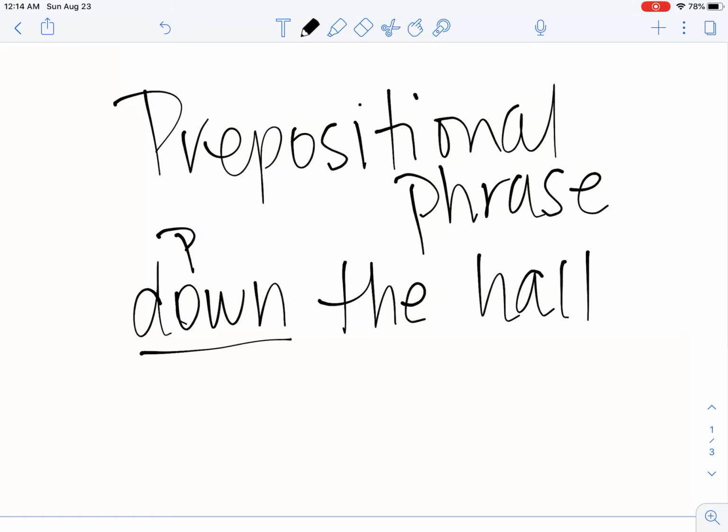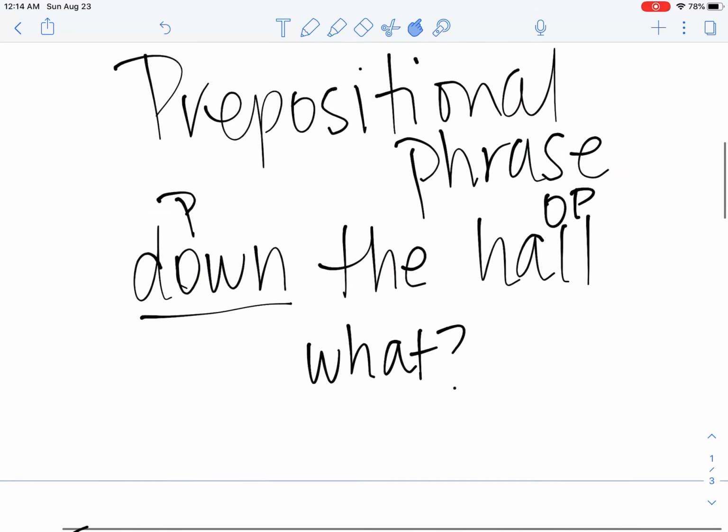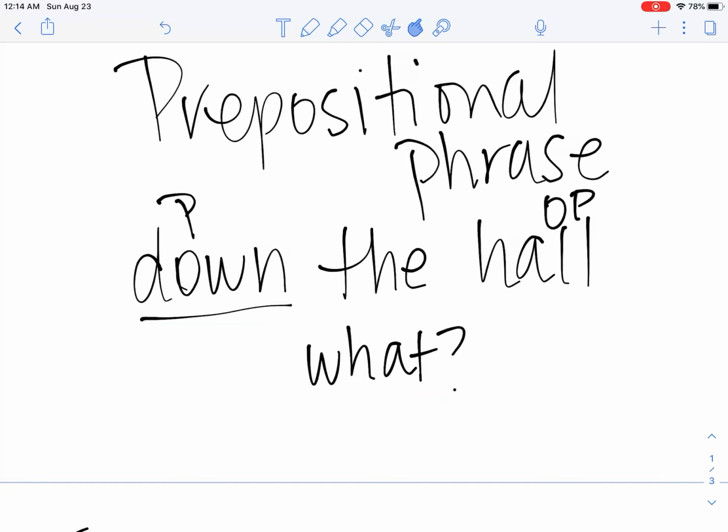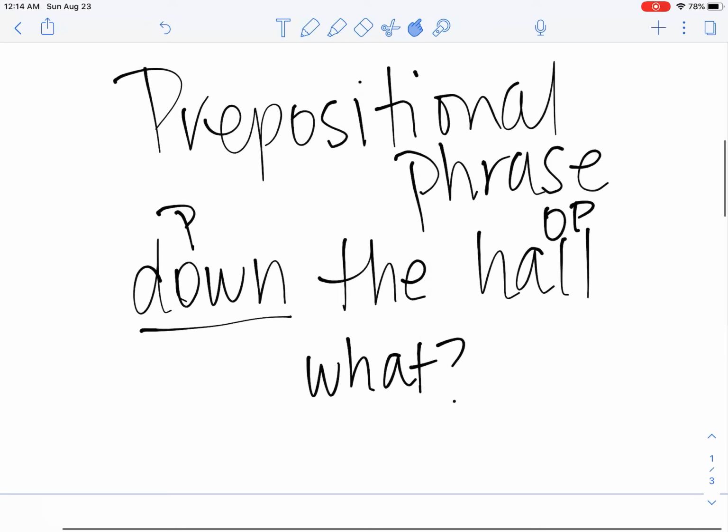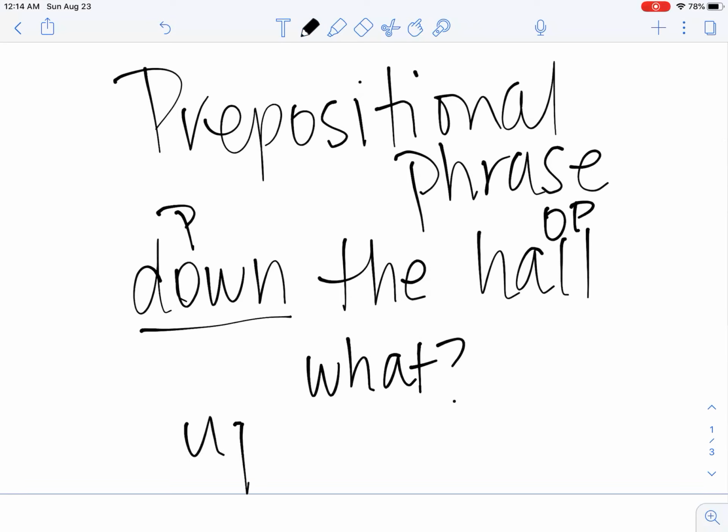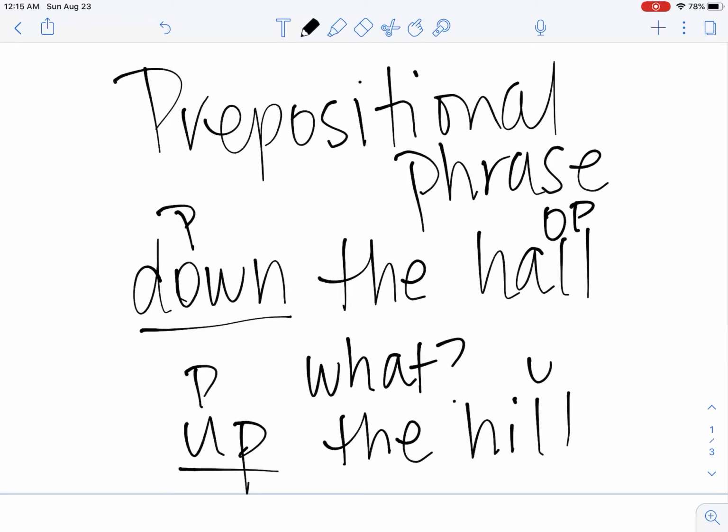So this right here is the preposition, and then the answer to the question what after the preposition is what's called the object of the preposition. So if I said, can you walk up the hill? Up the hill would be the prepositional phrase. Okay.